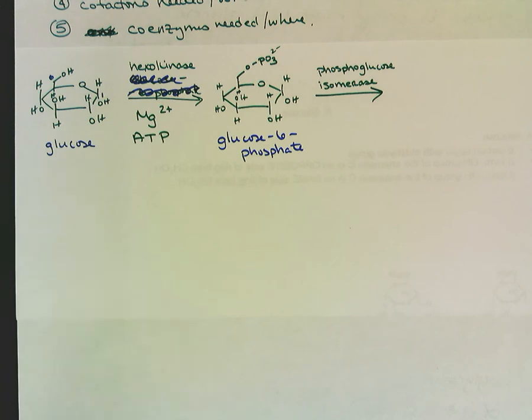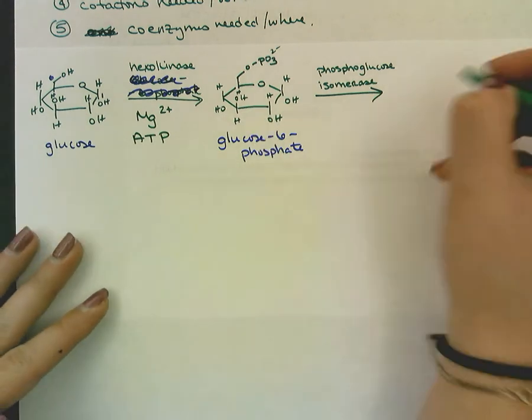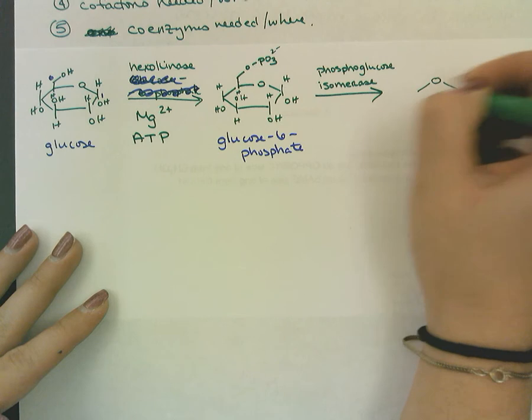What does an isomerase do? Makes an isomer of it. So it doesn't change what atoms are there, it just rearranges the position of the atoms. So we were a 6-membered ring, we will now be a 5-membered ring.